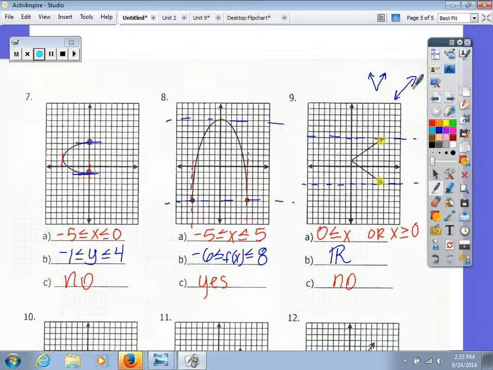If I had this graph right here, what would the domain be? All real numbers, because I start with an arrow and I end with an arrow. What would my range be? All real numbers also, because I start with an arrow and I end with an arrow. So whenever you see two arrows, you're right, you are going to have all real numbers, but that doesn't mean it's going to be domain or range, because it could be both. You can't just always say two arrows means it's always all real numbers for the range. It just depends on the graph.